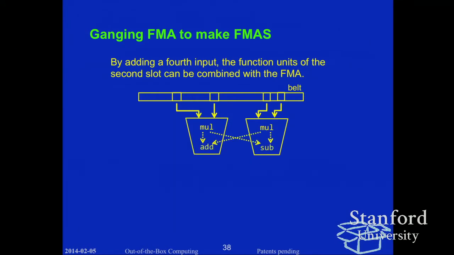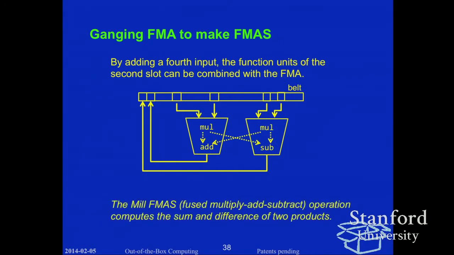The 2 pairs of inputs each go to a multiplier. The results of the two multiplies are horizontally interchanged. And then one side does an add, and the other side does a subtract. The result is two results, which compute the sum and difference of two products.